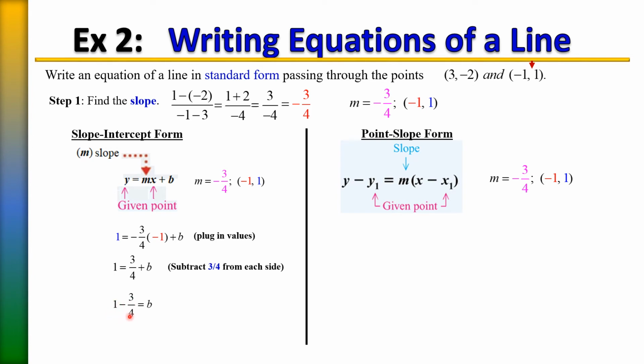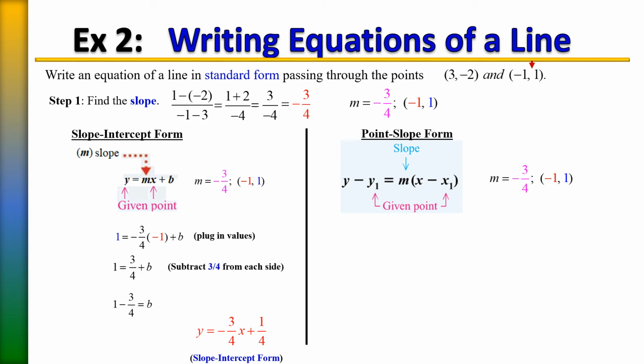That would be simply 4, take away 3 on top, which will give you 1, keeping your denominator of 4, so that would equal 1/4. So b equals 1/4. Putting your whole line together, y equals negative 3/4 x plus 1/4. So again, all I was showing you there was that, yes, you could have rewritten the 1 as a fraction and then combined 4/4 take away 3/4, which is 1/4.